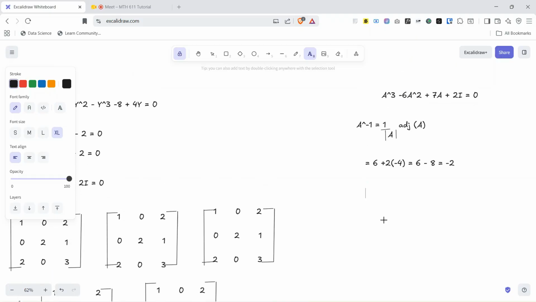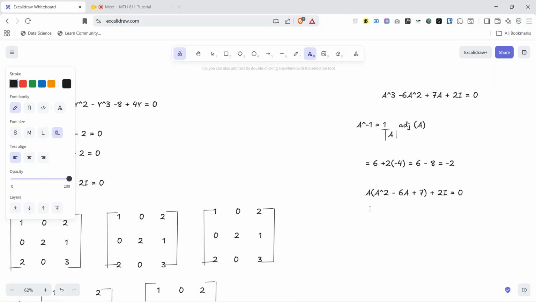Extrapolating A from here, we would have A into A square minus 6A, right, plus 7, then plus 2y equal to 0. The 7 equals to 0.